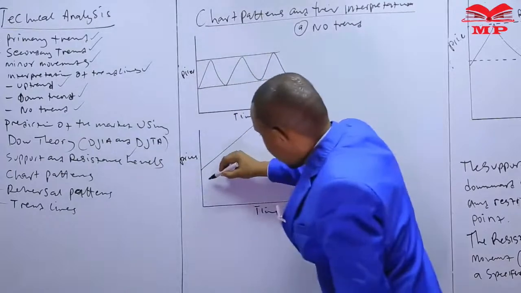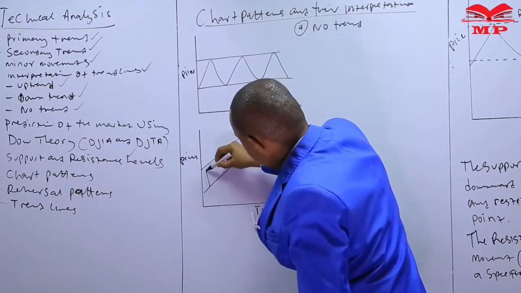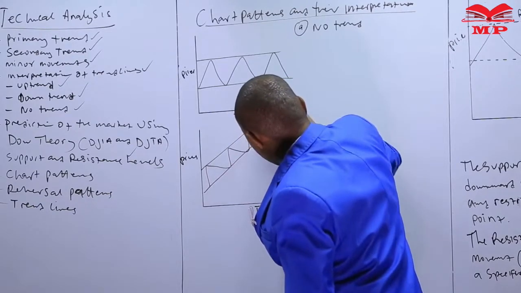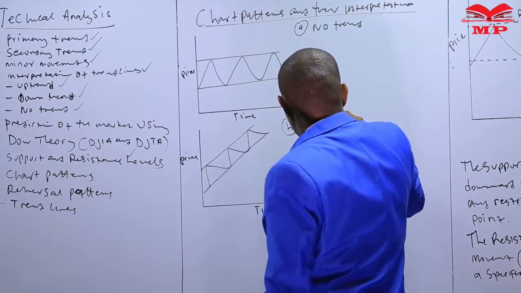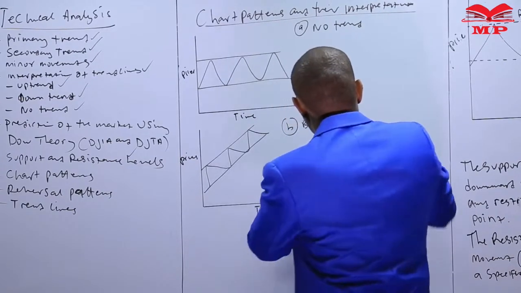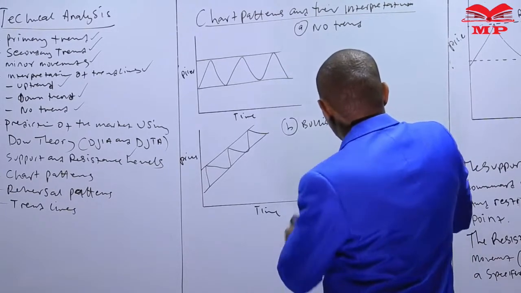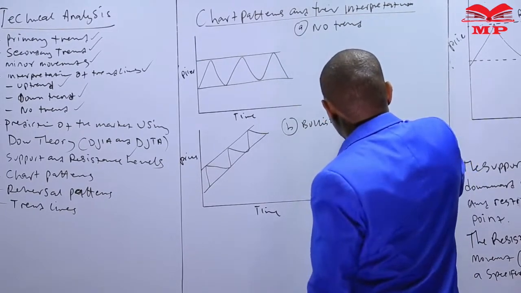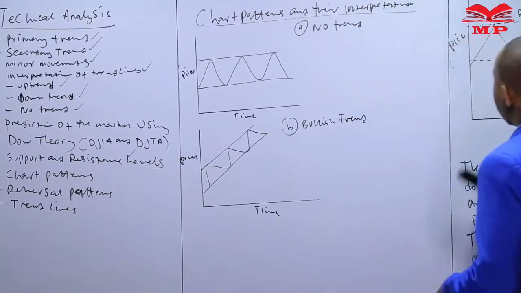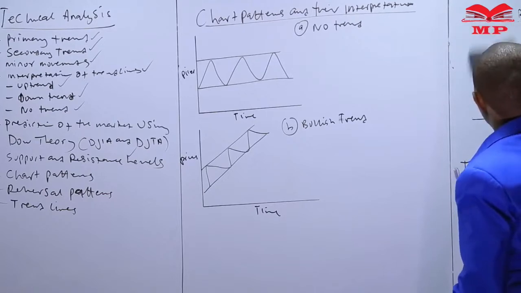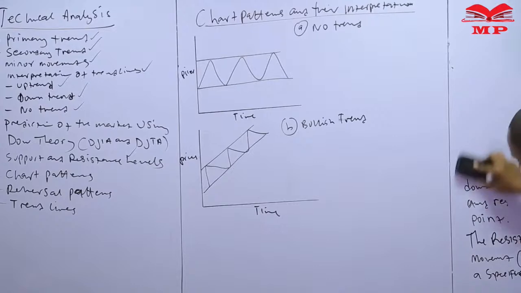This is B, bullish trend. C, we can say bearish trend, which is moving down.